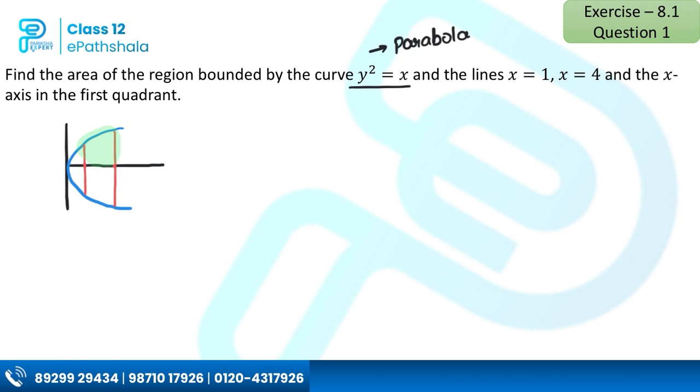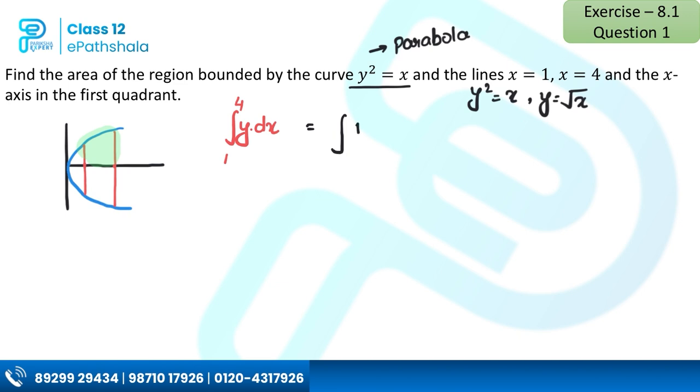Now, as we know, in application of integrals, we have to do the integration of y dx where the limits are of x. So here it is given from limit 1 to 4. We have the equation y square is equal to x, or we can say that y is equal to root of x.